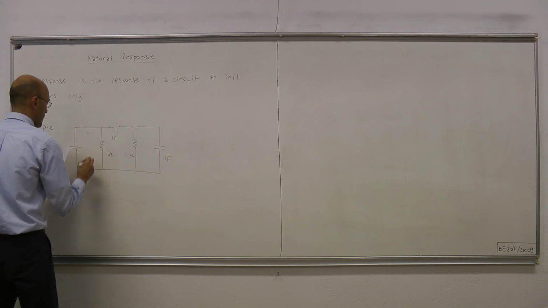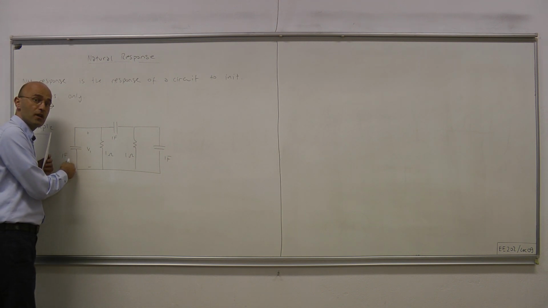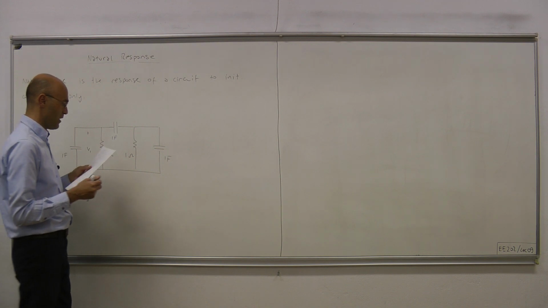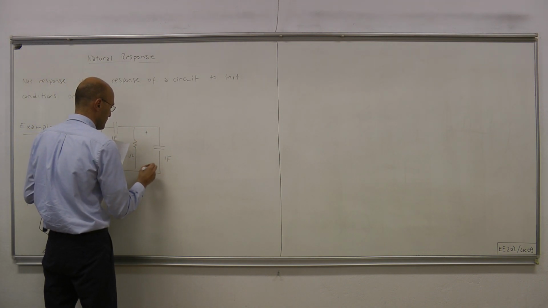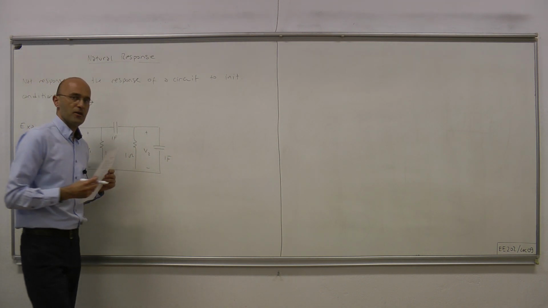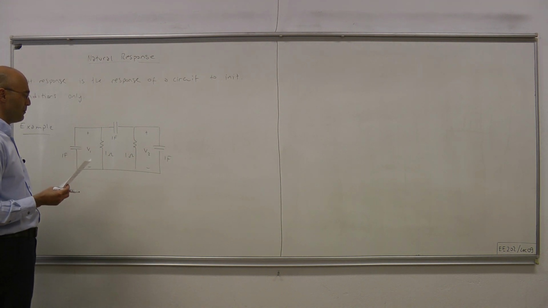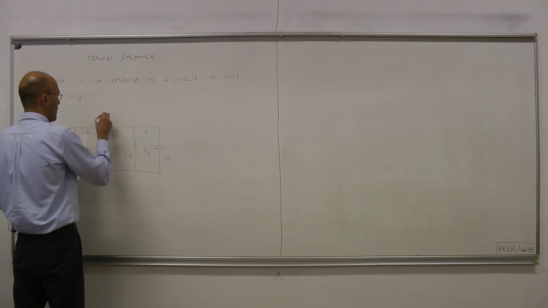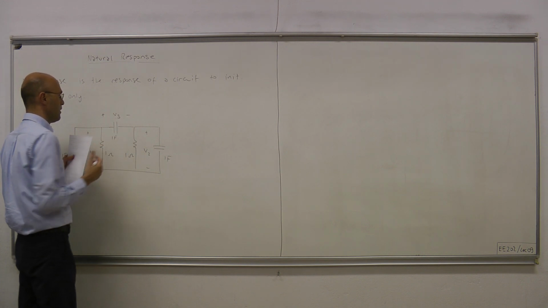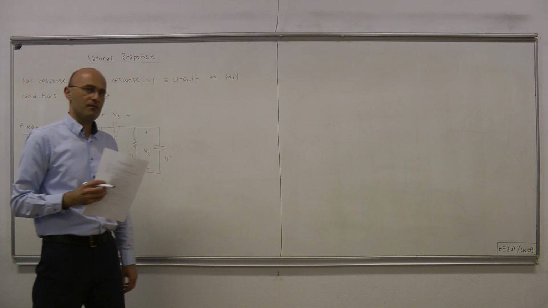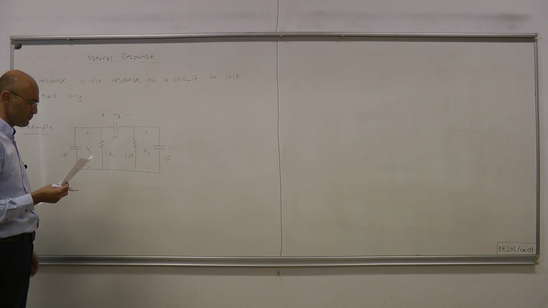Let this be our first capacitor and its voltage is denoted by V1, and let this be our second capacitor and its voltage is denoted by V2, and we let this be our third capacitor, V3.